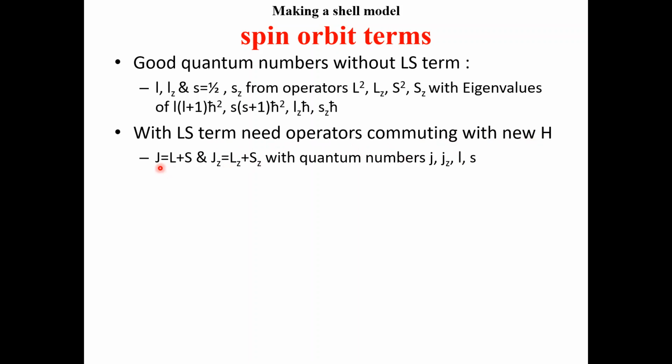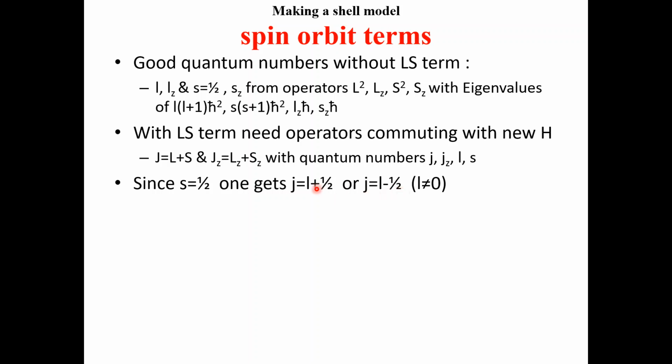For that, we get J, the total angular momentum, is equal to L plus S, that is the sum of the angular momentum plus the spin, and the Z component of the total angular momentum is equal to the Z component of the orbital angular momentum plus the Z component of the spin, with quantum numbers J, Jz, L, and S. Since we know the spin has a value of 1 by 2, one gets J equal to L plus 1 by 2 or J equal to L minus 1 by 2.